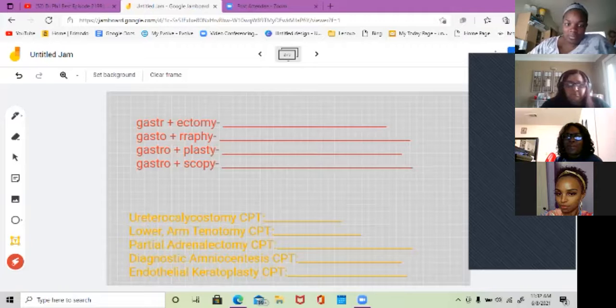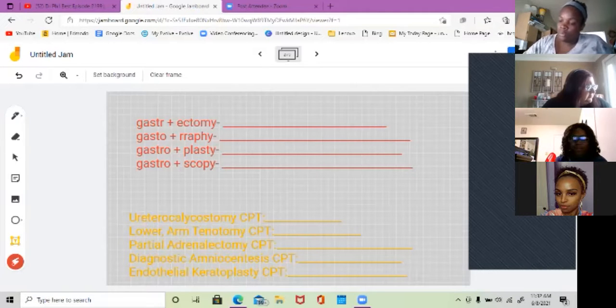I just wanted to show you that with the main term keratoplasty, they're not going to always write it on every single one that has to do with keratoplasty. So you're going to have to watch. Of course, we had the codes in the index, so it brought us right to it.